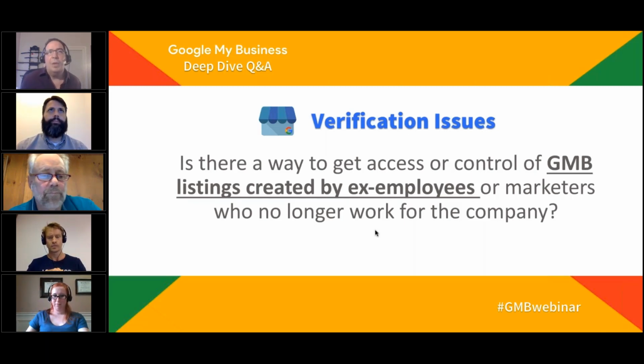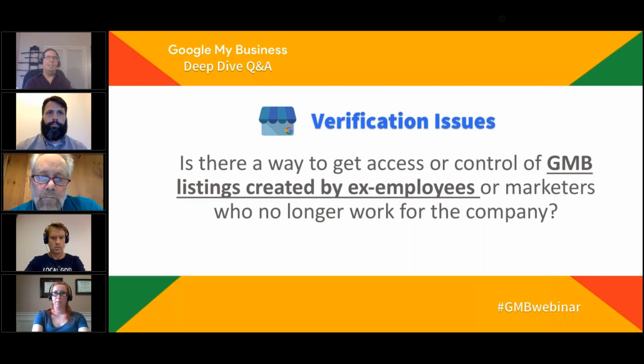I'm going to start off by giving a tip to everybody on how you can prevent yourself from running into this issue in the first place. And that is, when you are creating your Google My Business listing, always try to use an email at your domain name as the primary owner.